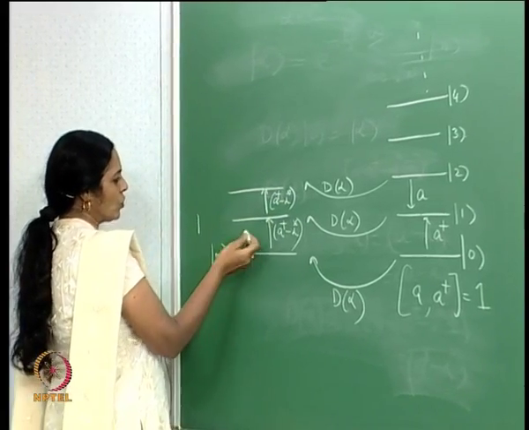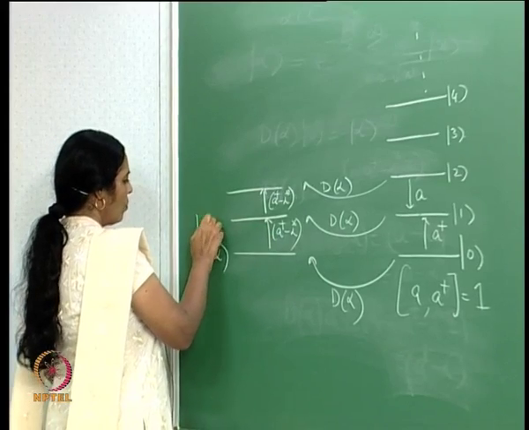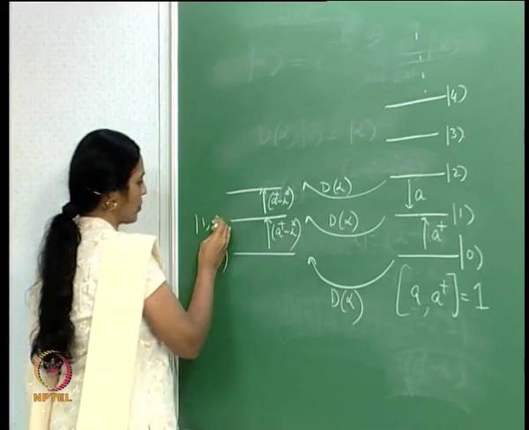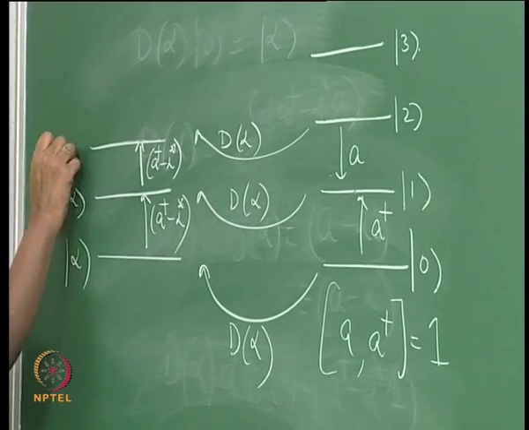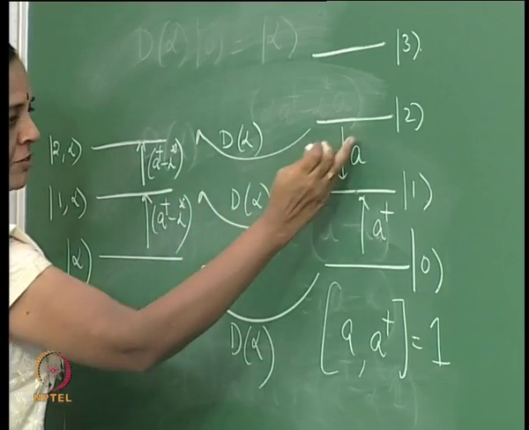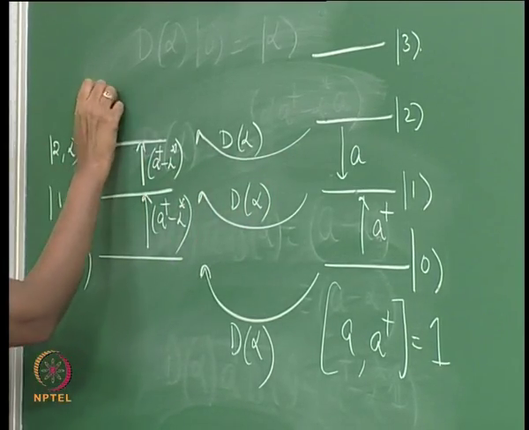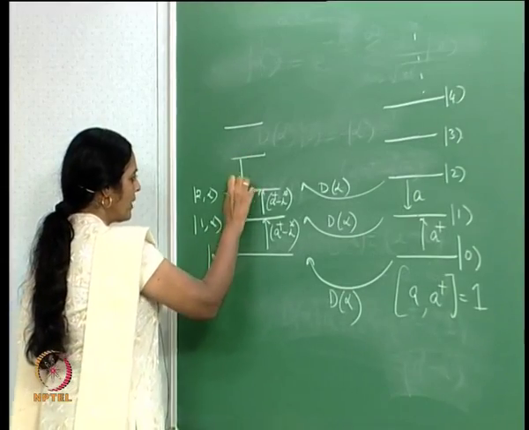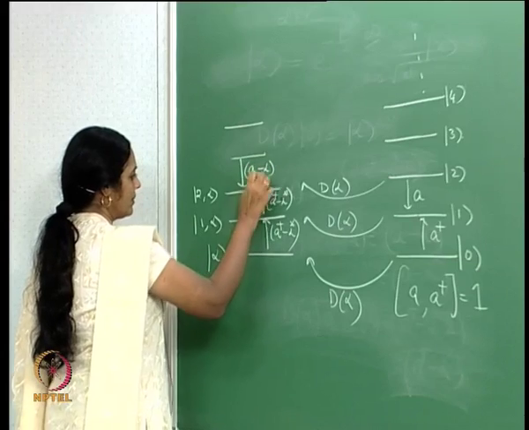Now these states could well be labeled 1 comma alpha, because D of alpha acted on ket 1 to produce this state. This state could be labeled 2 comma alpha. This is merely a notation. D of alpha acting on ket 2 gave me this state, and so on. The lowering operator is A minus alpha.